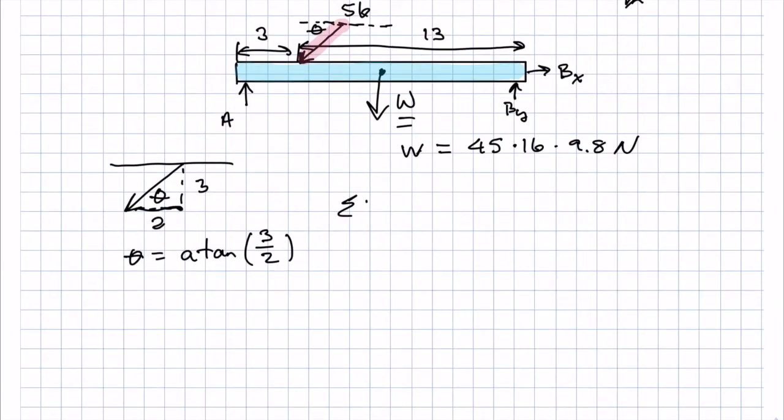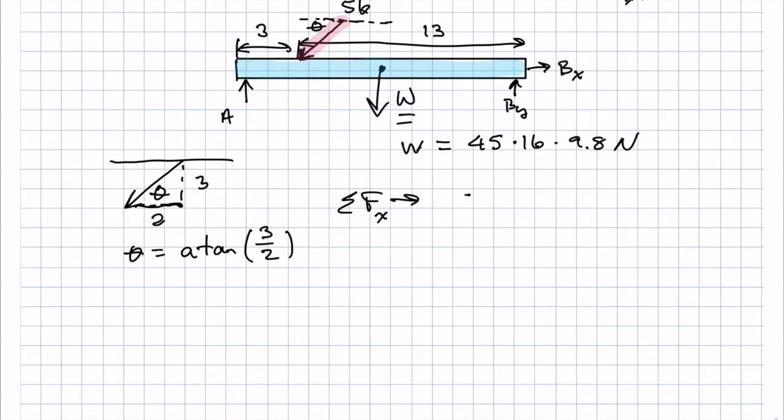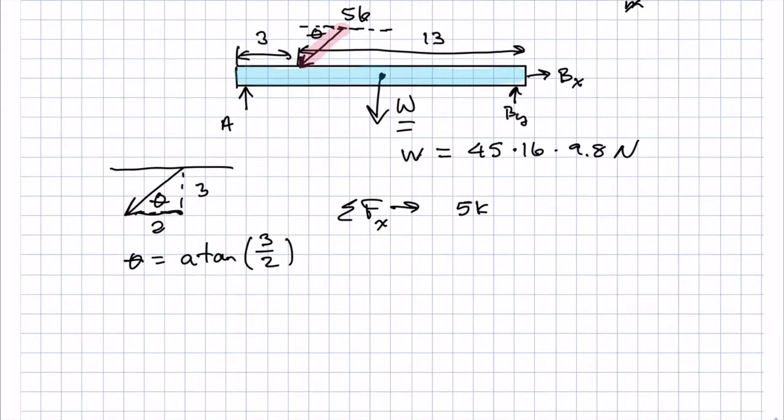Sum of forces in the x direction, with moving to the right taken as positive. The A force is vertical, so that doesn't do anything. Then we have the 5K force, K being 1,000 here, so 5,000. I'll write that down so that it's clear.